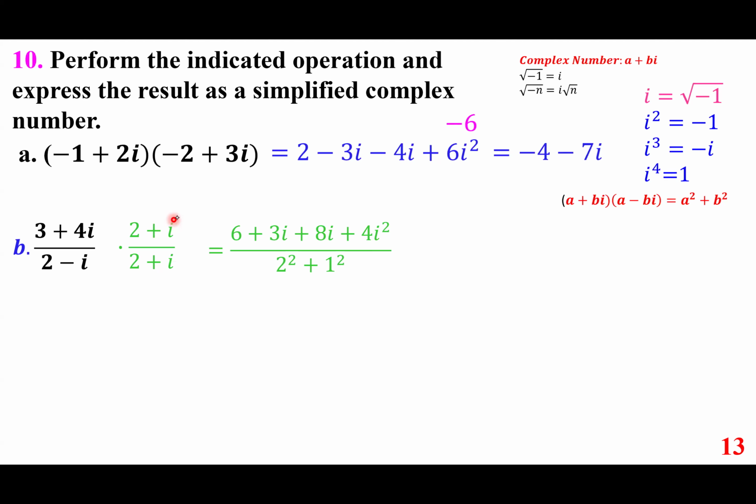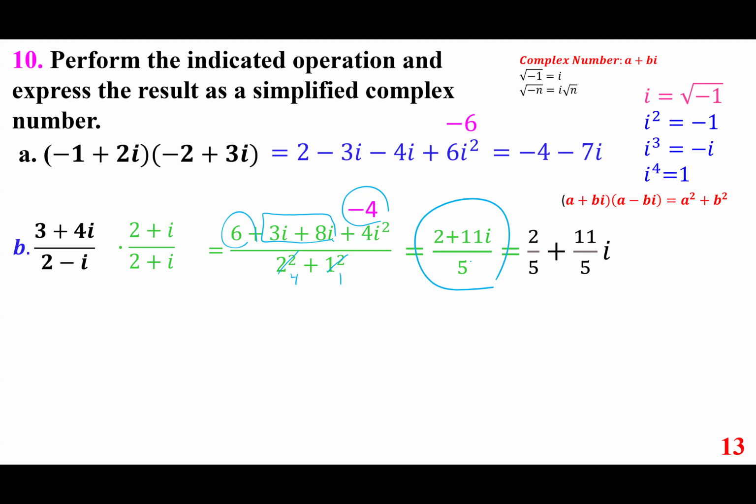You change the i squared to -1, you get plus 4i squared changed into -4. These two add up to 2. These two add up to 11i. 4 and 1 is 5.